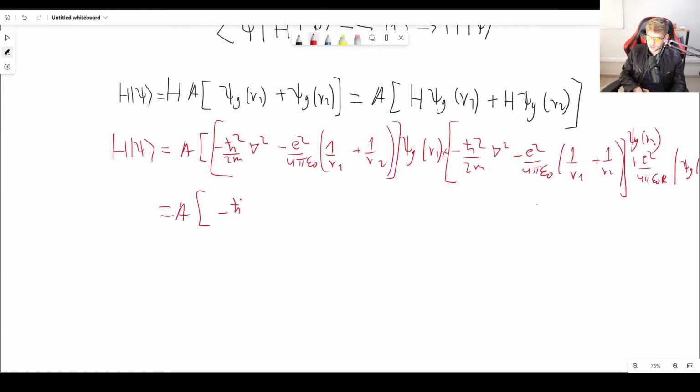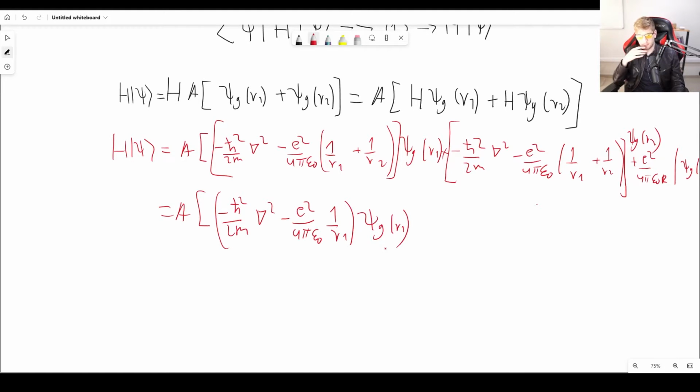So minus h bar squared over 2m del squared minus e squared over 4 pi epsilon 0 times 1 over r1, acting on psi g of r1. What is this? This is the Hamiltonian of the hydrogen atom acting on the wave function of the hydrogen atom.